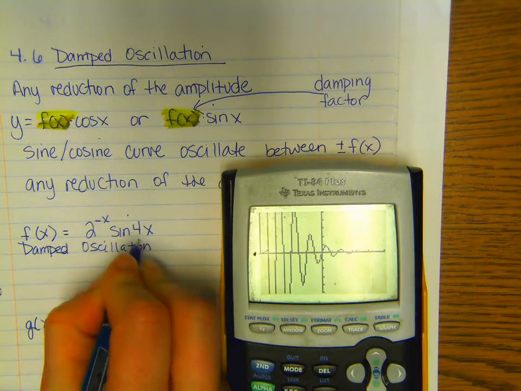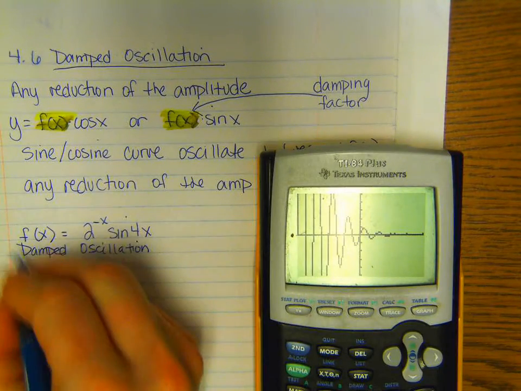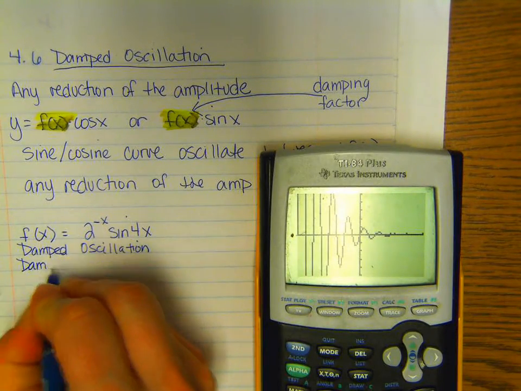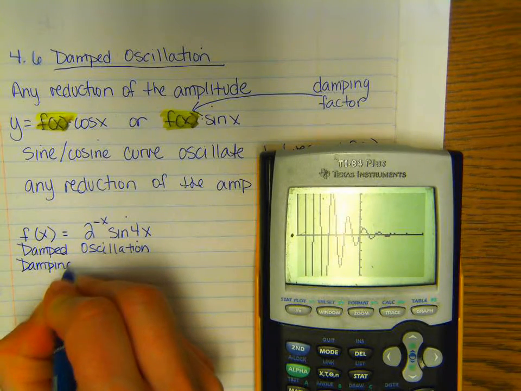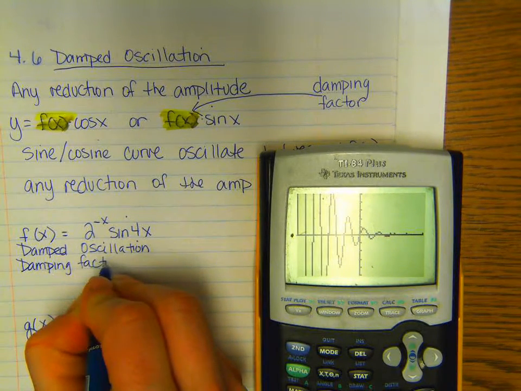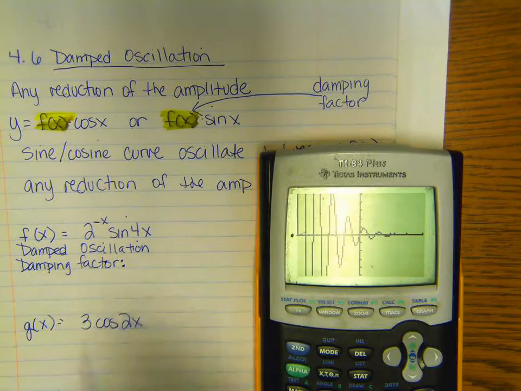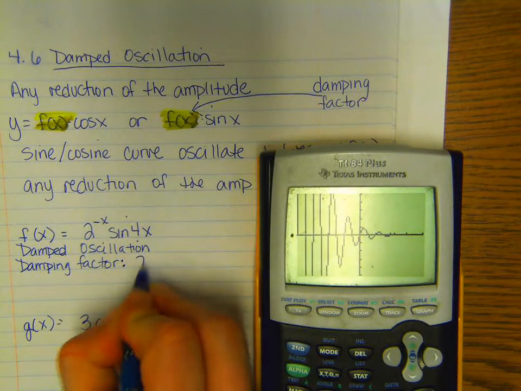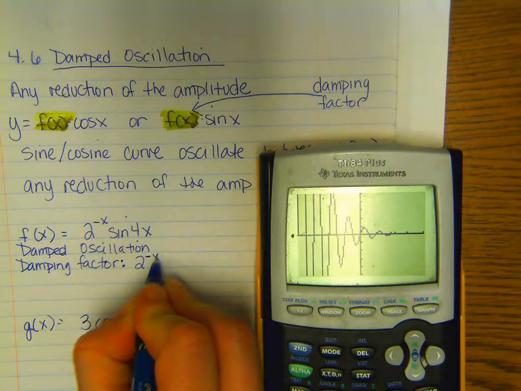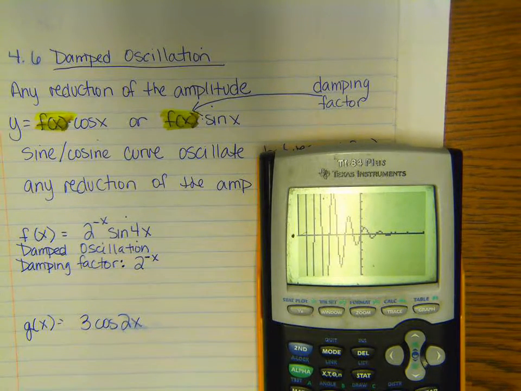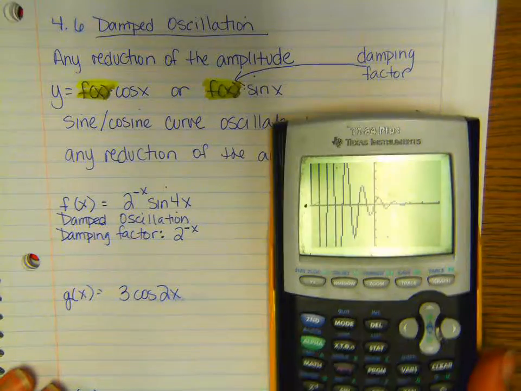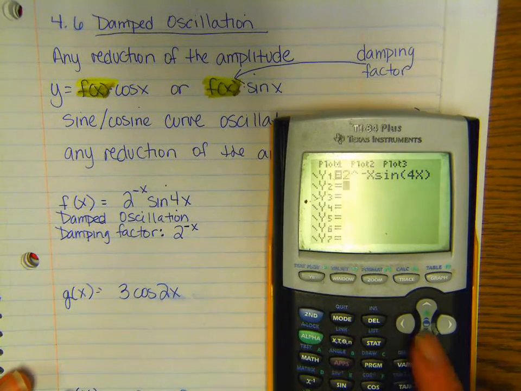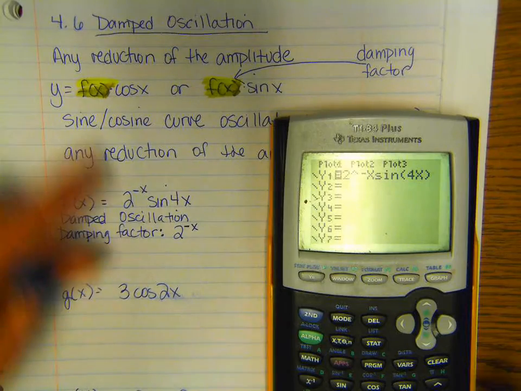The damping factor is the function out front. And what did you guys tell me the function out front was? 2 to the negative x. And if you want to see something cool, I am going to go in my y equals, and you remember how I said it's going to oscillate between plus or minus that?